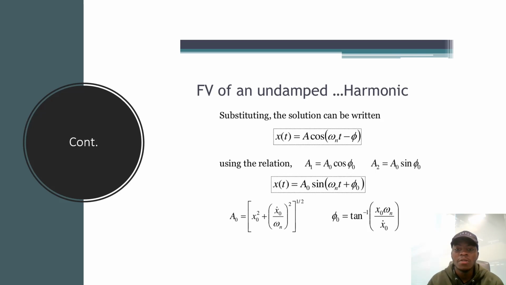This then results in x(t) being simplified to the solution form: x(t) is equal to A times cosine of the natural frequency times t, minus phi. Using the relations A1 equal to A naught cosine phi naught and A2 equal to A naught sine phi naught, x(t) is then equal to A naught sine of the natural frequency times time plus phi naught.